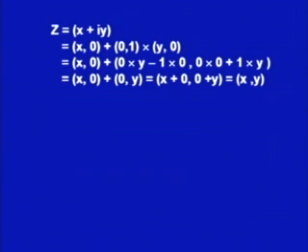This will again be equal to (x, 0), that is x + i·0, plus (0, y), and this sum of two complex numbers will be the respective sum of the real and imaginary parts, that is (x + 0, 0 + y), and this will be equal to (x, y), that is x + iy again.